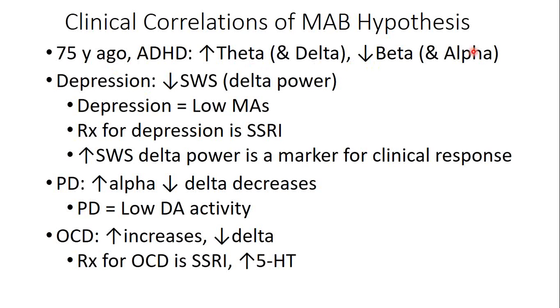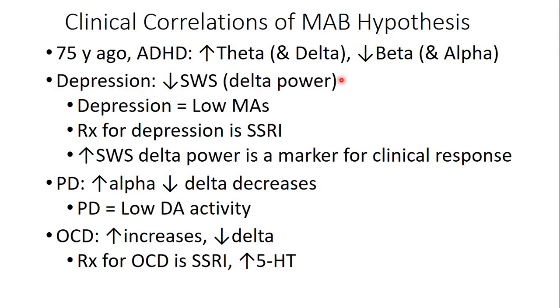So this is not a new concept. However, we're not going to apply it to ADHD because there are many subtypes of ADHD, and it doesn't always follow this theta-beta story. But it's some more evidence that this balance does in some brains exist and is important.